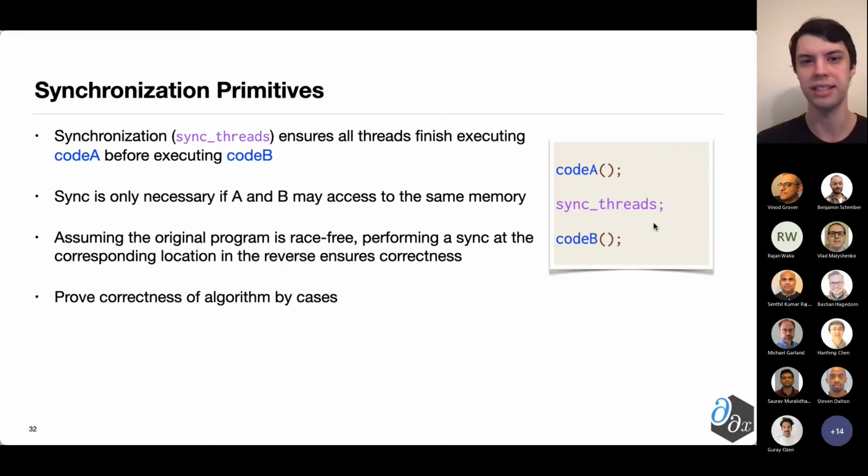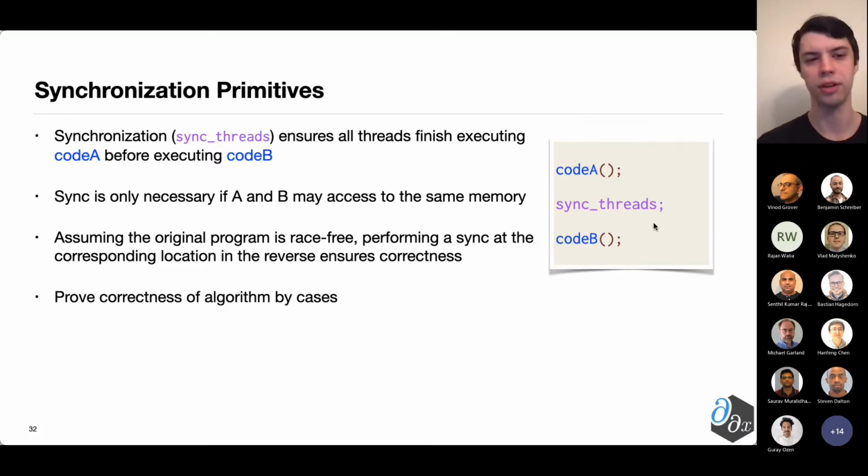The sync threads, in essence, guarantees that all versions of your first code, code A, run before your code B. Now, it turns out the sync threads is only necessary if A and B could potentially access the same memory, and thus what we're able to show is that if your original program was race-free, and you perform a sync at the corresponding location in the reverse pass, you're able to preserve correctness of your gradient computation.